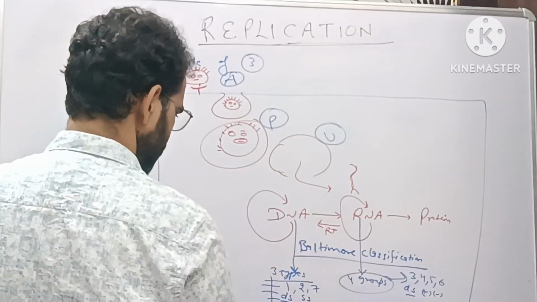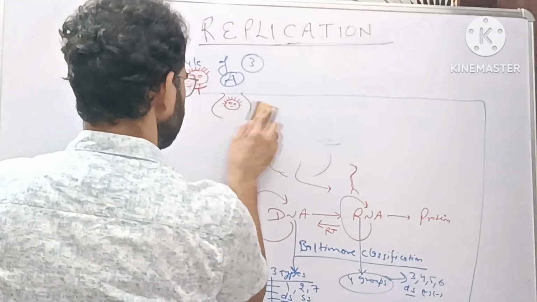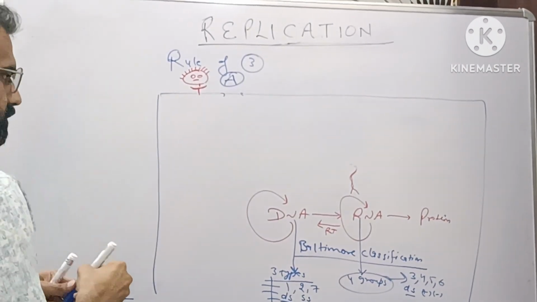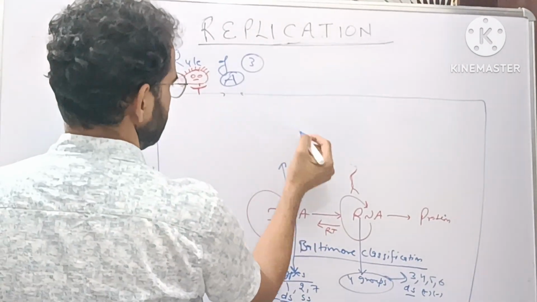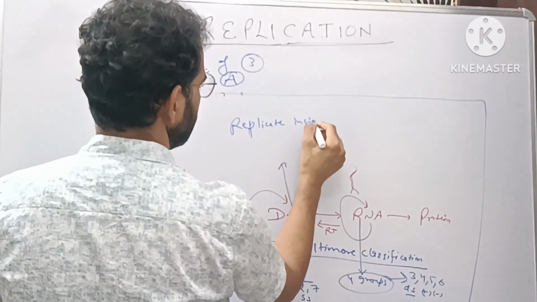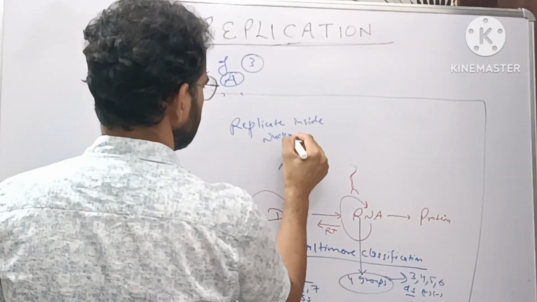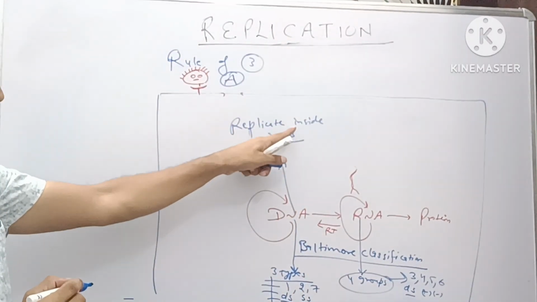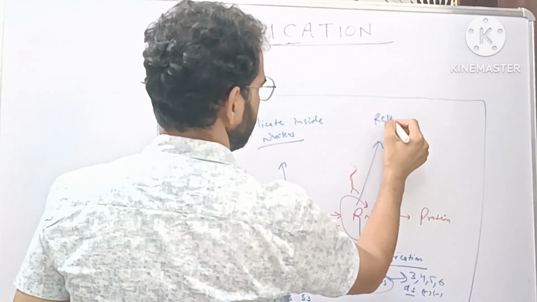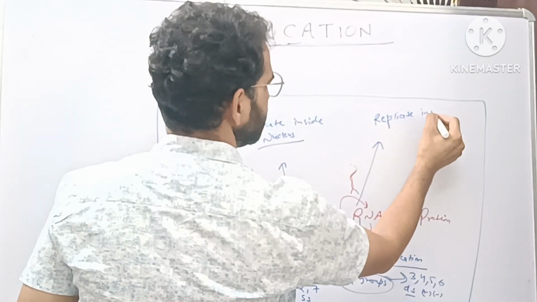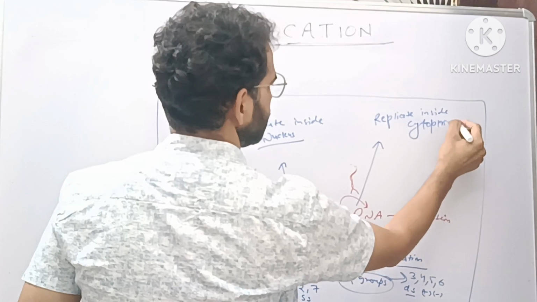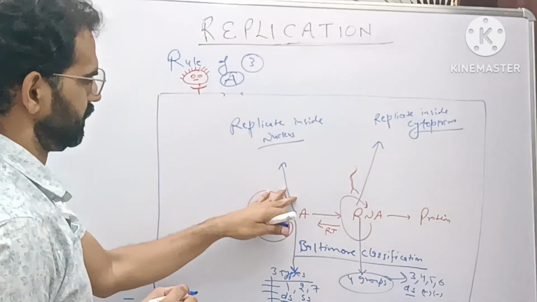So the usual or general rule for these viruses is: DNA viruses in general replicate inside the nucleus, and RNA viruses replicate inside the cytoplasm. This is the general rule.